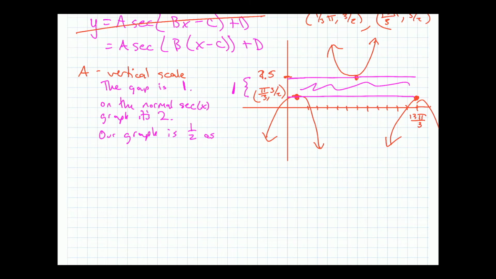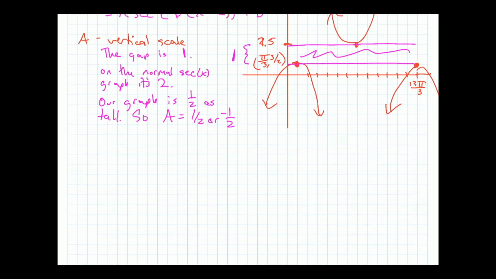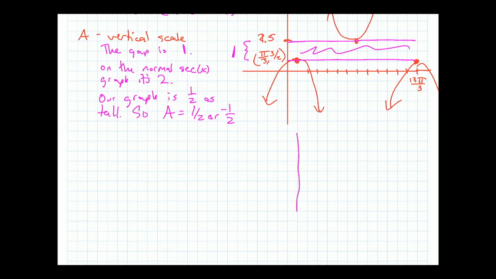That tells you that A is either 1/2 or minus 1/2. You can't tell just from knowing that gap whether it's 1/2 or negative 1/2. But what you can do is look at the original secant graph, which I'm going to draw a little bit of. The original secant graph looks like this.